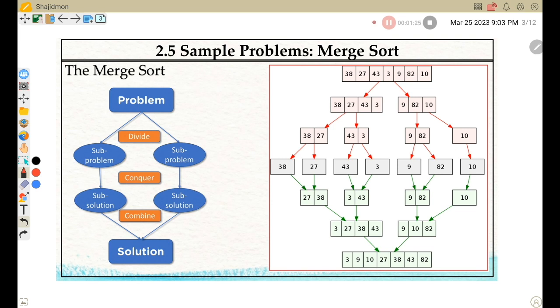What we need to do is divide this list into 2. We have 7 elements, and 7 divided by 2 is 3.5. We take the ceiling of 3.5, which is 4 elements.